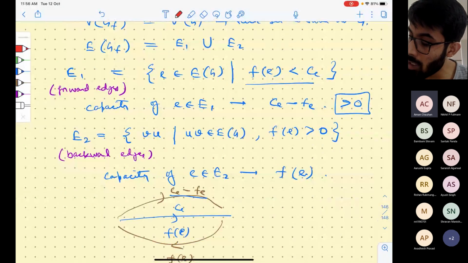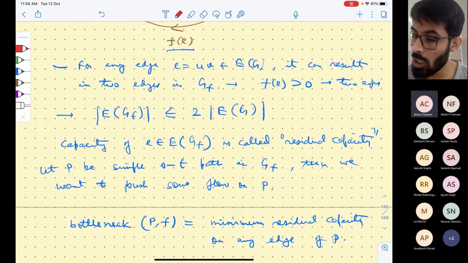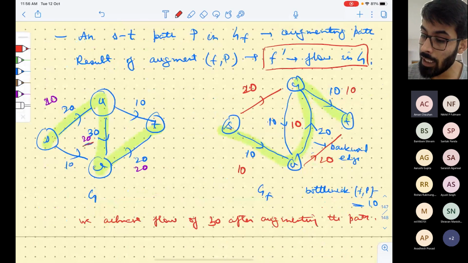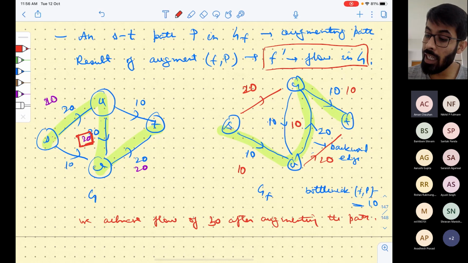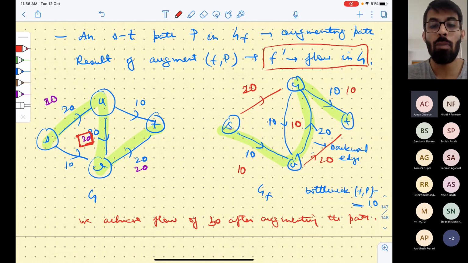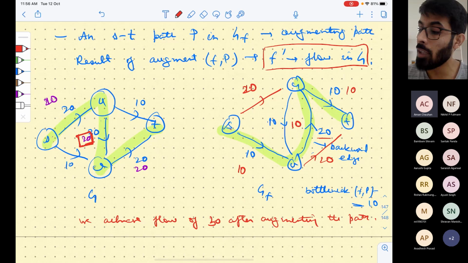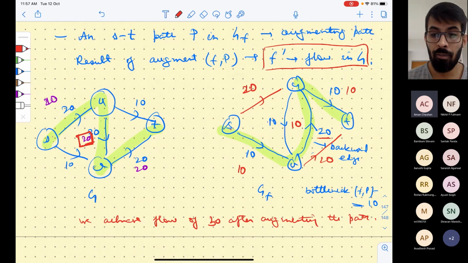Okay, so for the backward edge, the capacity is F of E, whatever the flow, and what is the F of E here? F of E is 20 here. So the capacity of backward edge is 20. How much can you push back on that edge? Right now, 20 is being pushed forward, so 20 you can push back.